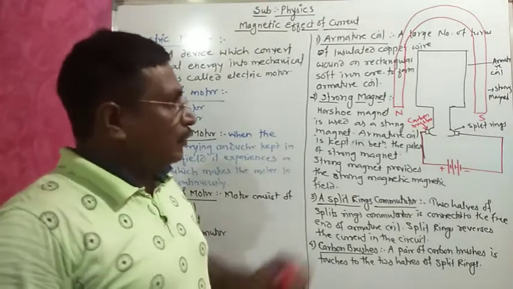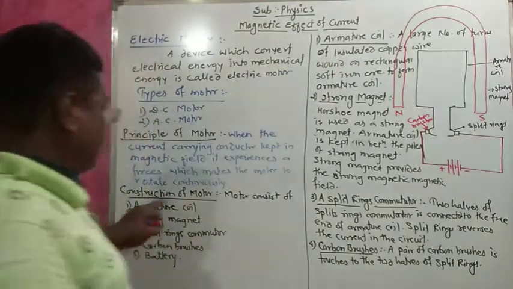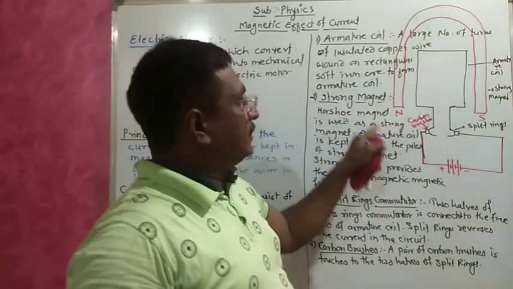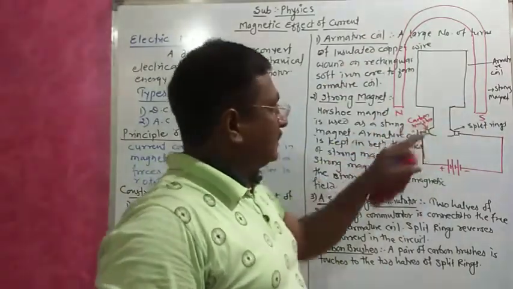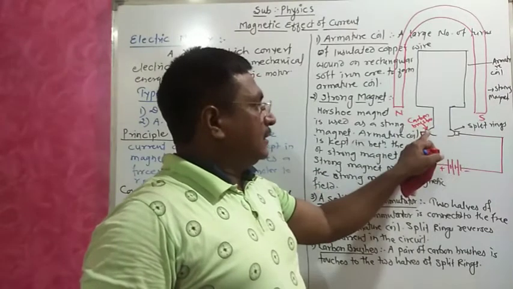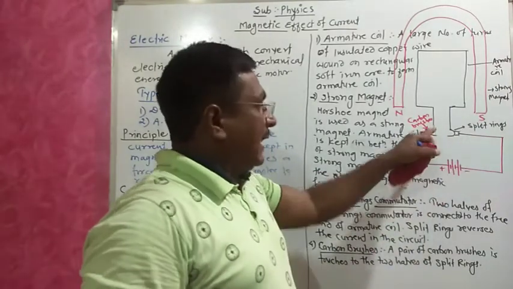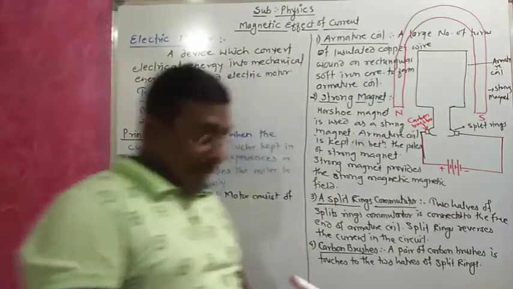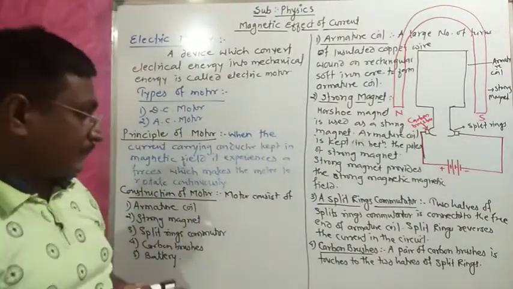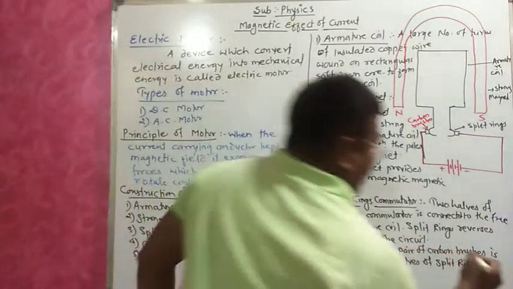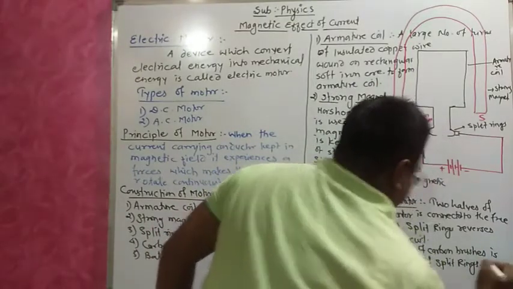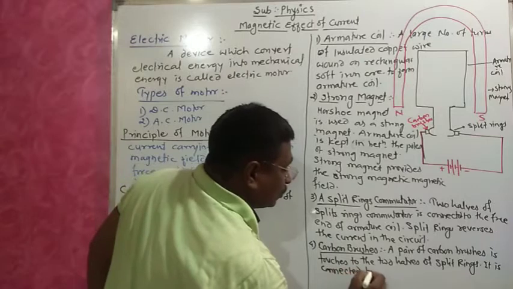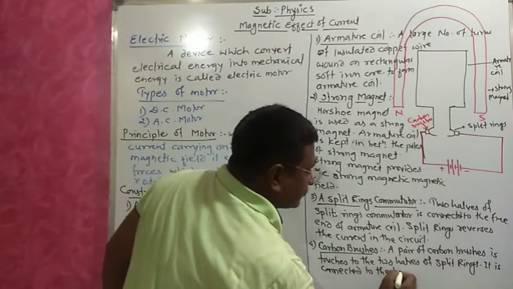Understood, students? How is the diagram of an electric motor? Armature coil, horseshoe magnet, split rings, carbon brushes, and the carbon brushes are connected to the battery.